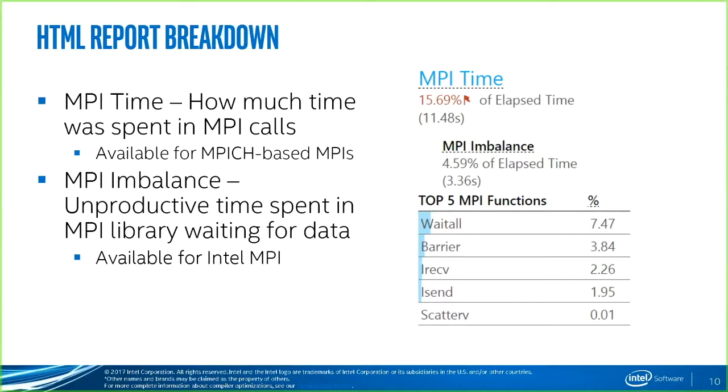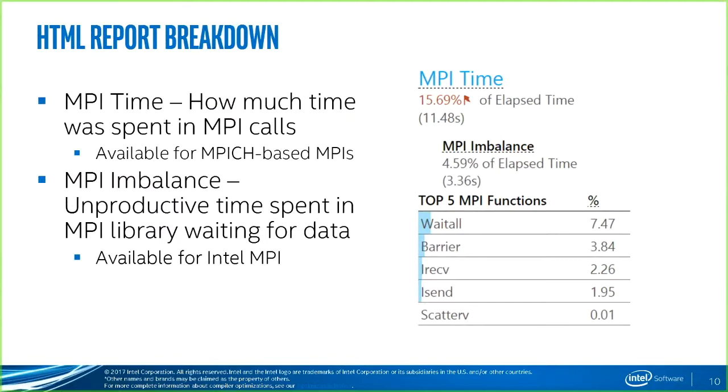If your communication overlaps with computations in different threads, we're thinking about how to express this, because we have this information for MPI plus OpenMP, but for now the metric is simpler. So this is just the average MPI time per rank and the percent of elapsed time. We also have MPI imbalance time, which is the time that MPI spends in Progress Engine.